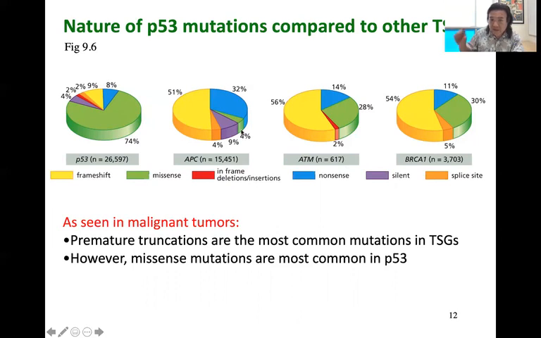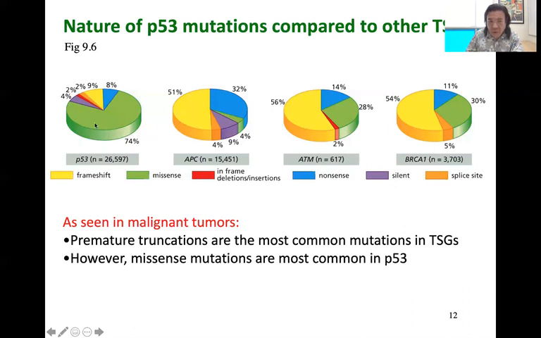Remember, missense is when you substitute one amino acid for the other. Missense mutations are a bit more common in ATM and BRCA1, but clearly not as important as frameshift mutations leading to truncations. But look at p53.